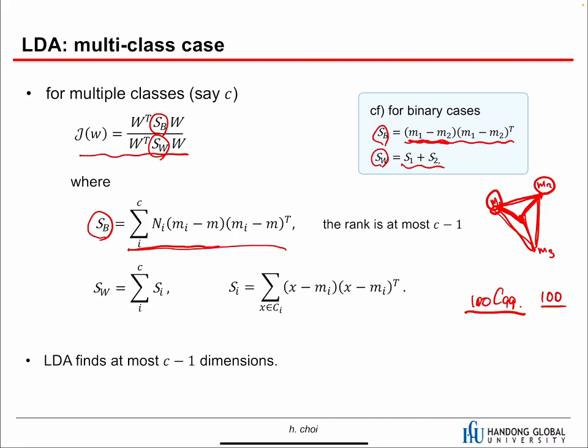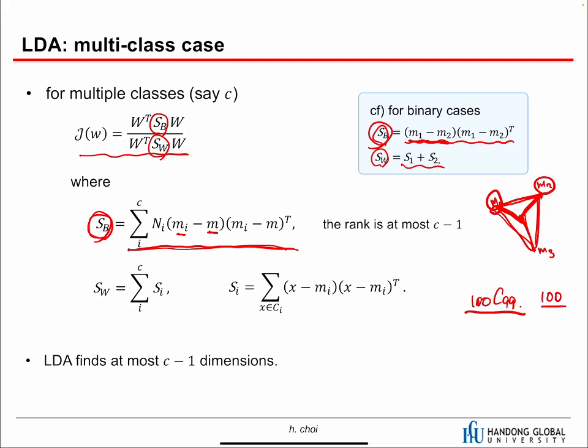That's why we define S_B in this way. This is the global mean and this one is the class mean. Check this S_B and this S_B for the multi-class case. It's slightly different, but basically the concept is the same.